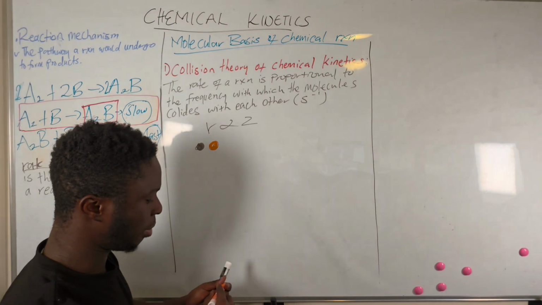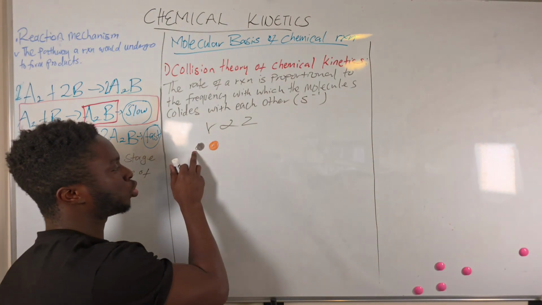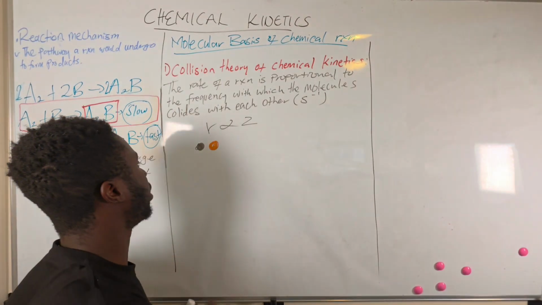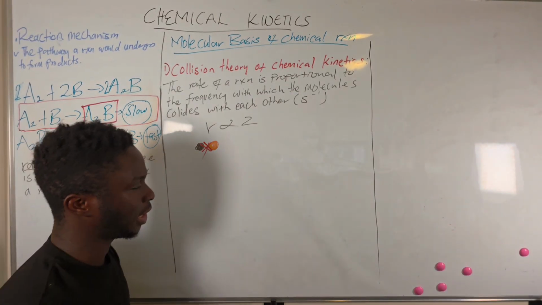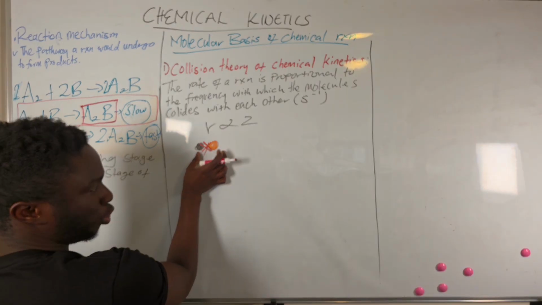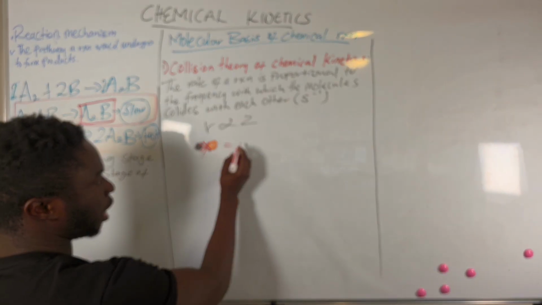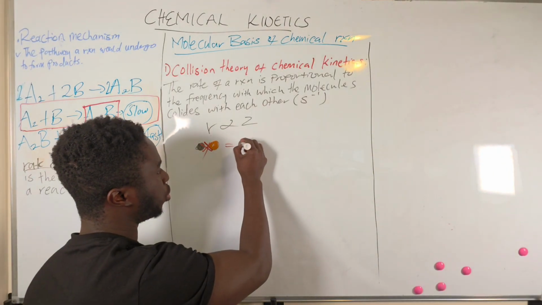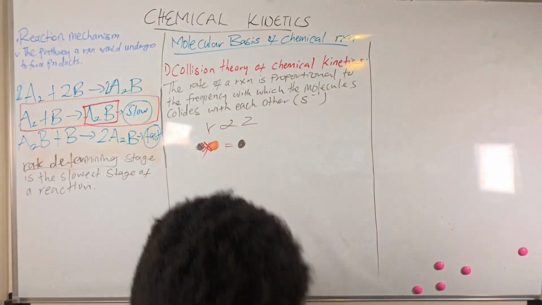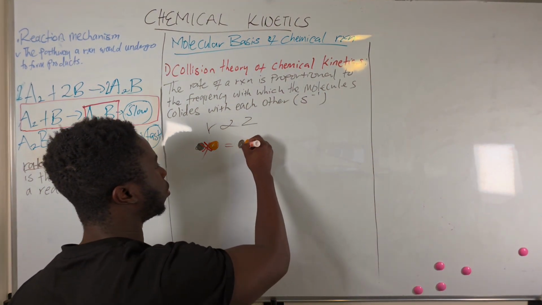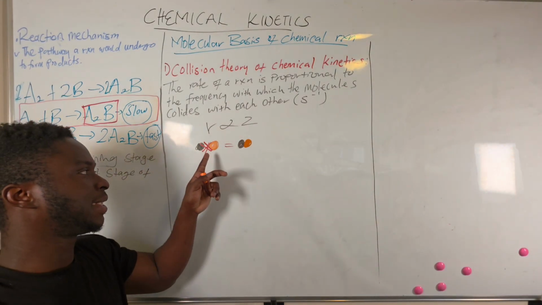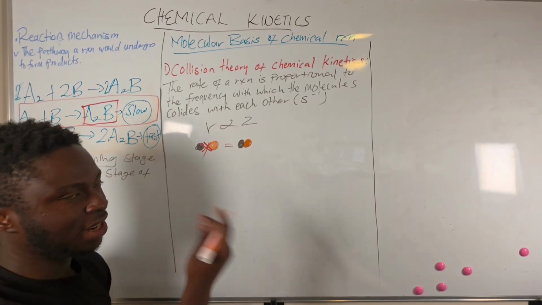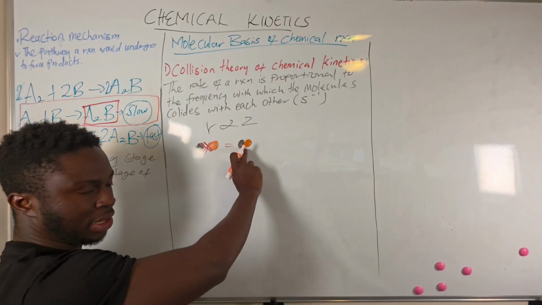Now if these are supposed to crash into each other, and if they are going to result in bonding towards each other, becoming this bond, that basically depends on whether the energy they release in the crash is enough to break their original bonds to form this new bond.